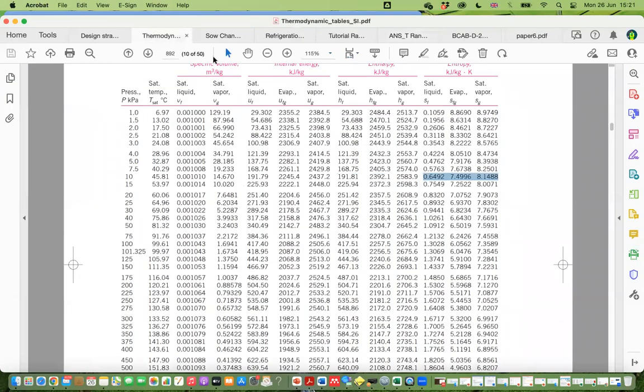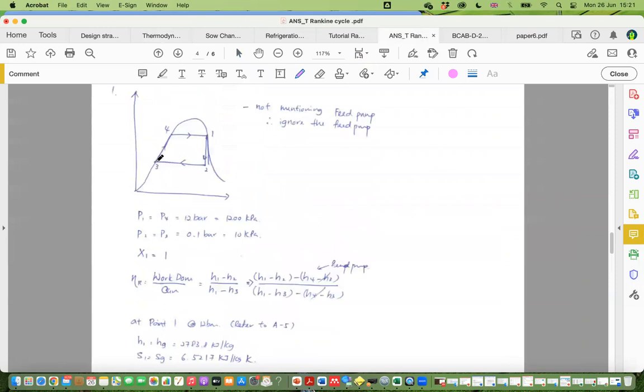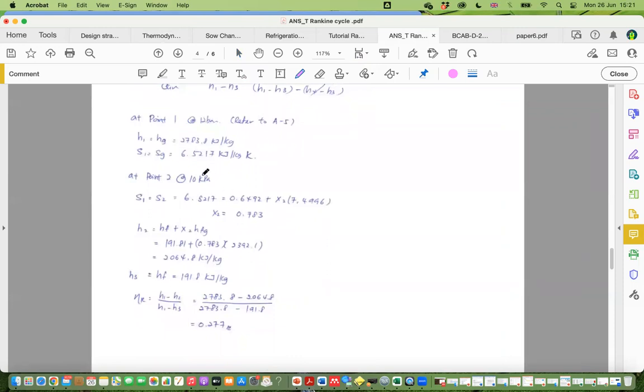And then after that, you use the same pressure, but this time you have the fraction already. So you use this enthalpy, plug it in to get your h2. Because your h3 is at the saturated line, you can use the low pressure, 10 kilopascal, refer to hf, and you can get your h3.